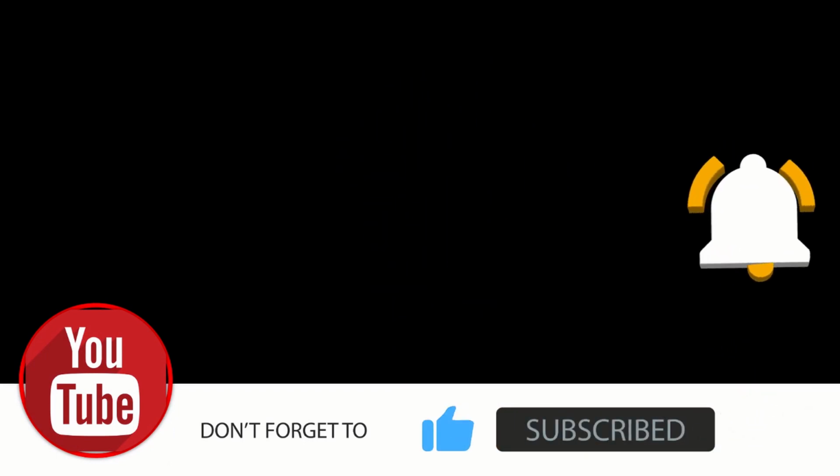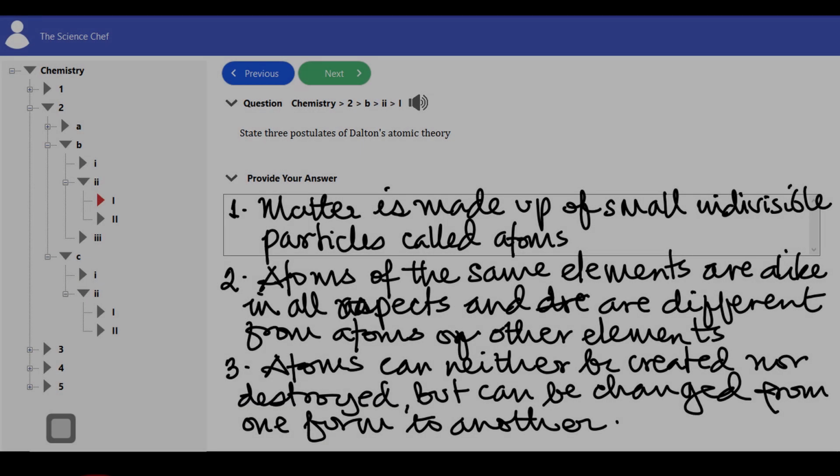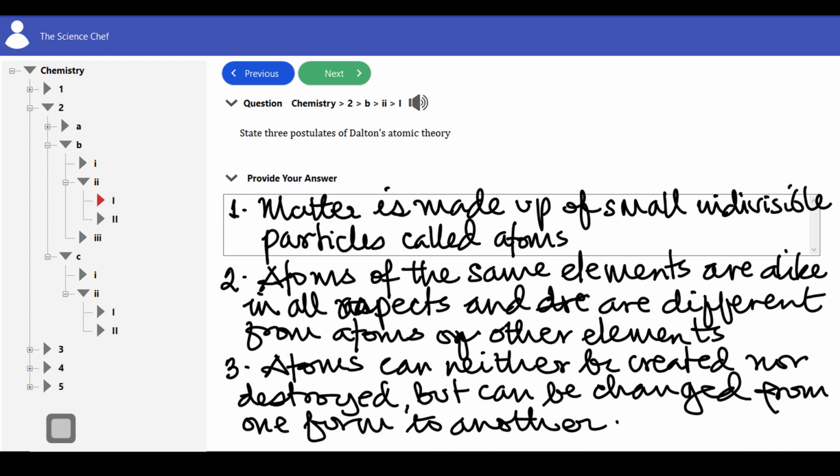Now there's a 4th one that says that when atoms combine with one another, they do so in simple ratios, right? Which is not completely correct, because when it comes to organic compounds or organic reactions or polymerization, atoms do not combine in simple ratios, right?